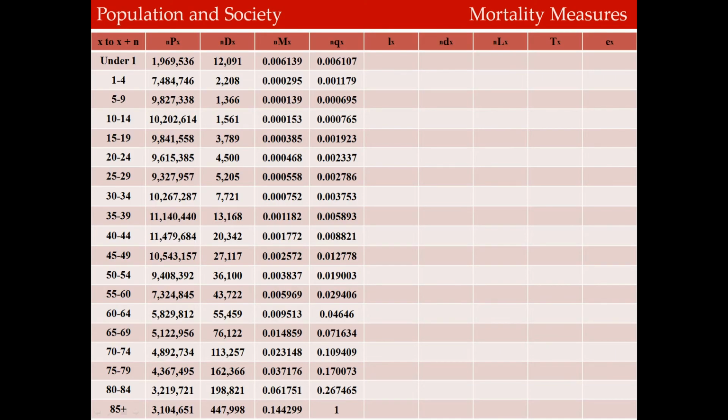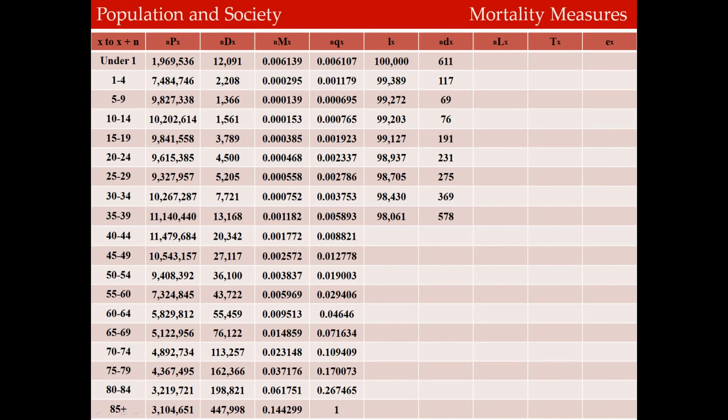So to show you what that looks like, suppose we start with a hypothetical population of 100,000. We multiply that value by the probability of death, 0.006107. We figure out that 611 of them die. We subtract out those 611, so we're left with 99,389. We find out that 117 of them die. We subtract those out. We continue this process. We continue figuring out for each age how many of them died, and we continue subtracting them out.